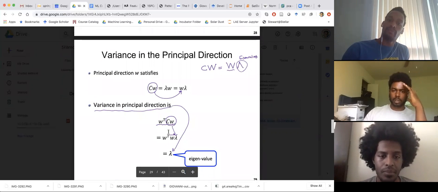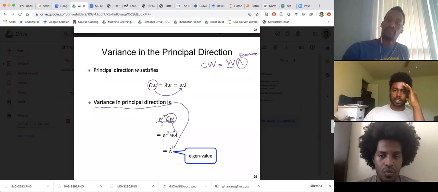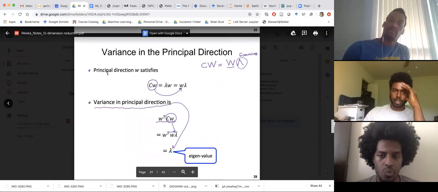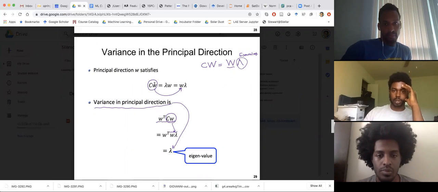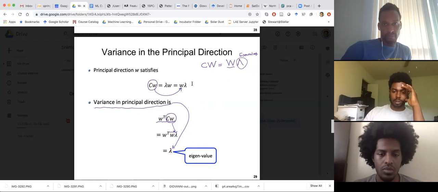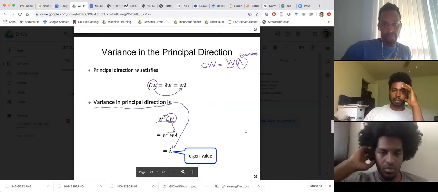So let's look at this again. The principal direction w satisfies that the covariance times w is equal to w times lambda, where lambda is the eigenvalue.